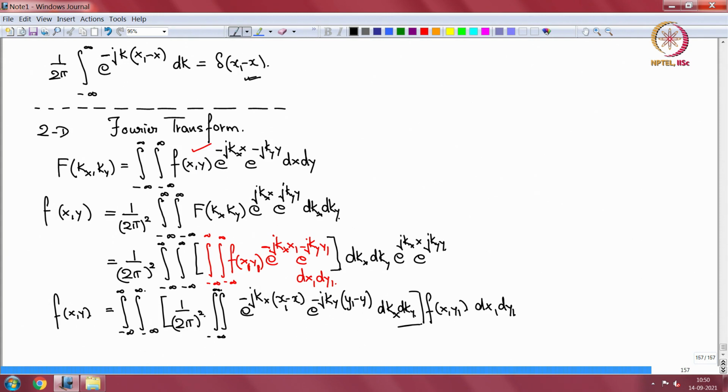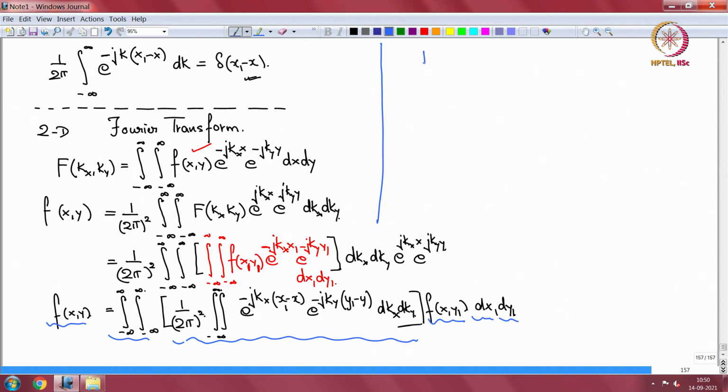So again what happens here, we have f of x y here, f of x1 y1 here, and an integral over an infinite domain. So what is inside here must be a delta function, a double delta function.